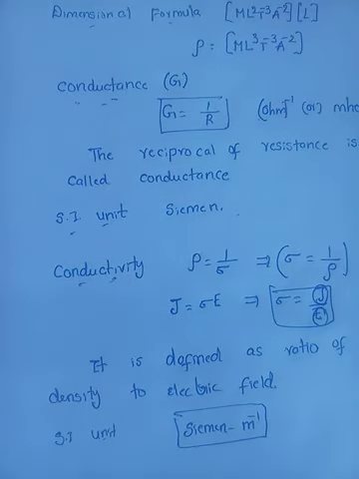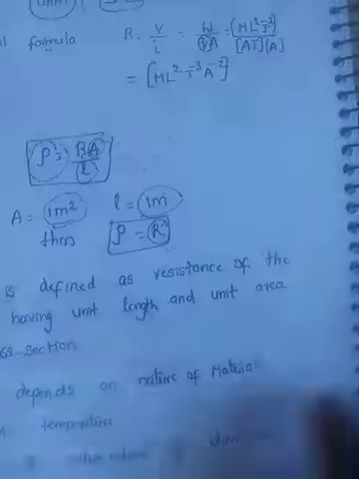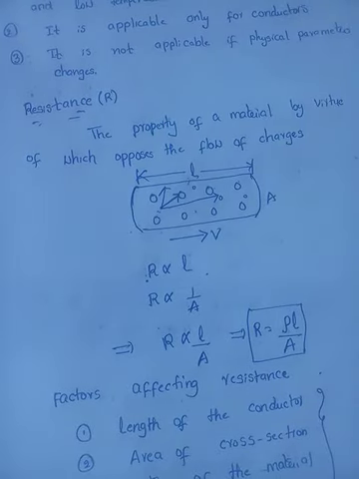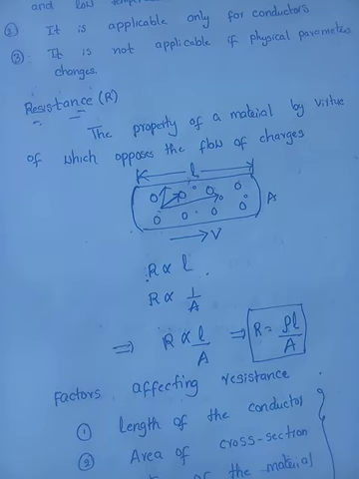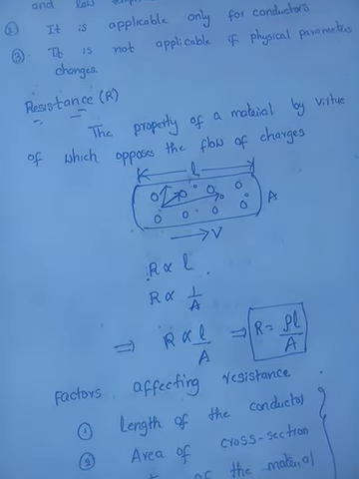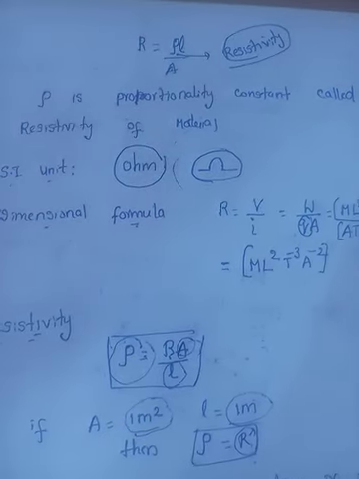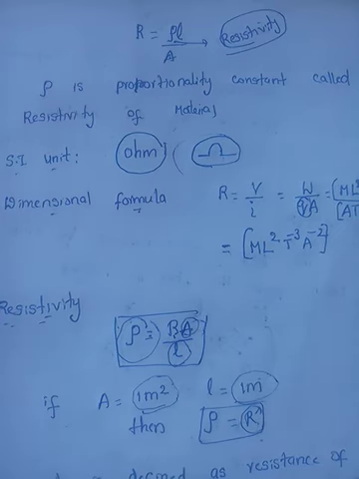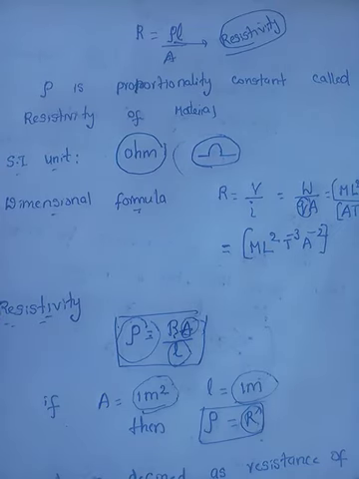So we come to know 4 definitions in this class. Resistance: what is resistance? The property of a material which opposes the flow of charges. It depends upon 4 factors: length of the material, area of cross section, nature of material, as well as temperature. It is directly proportional to length and inversely proportional to area of cross section. So we write the formula as R equals rho L by A, where rho is the proportionality constant called resistivity of the material.